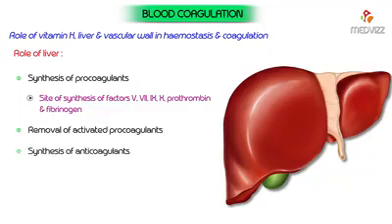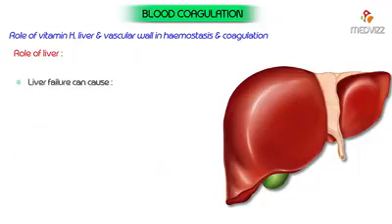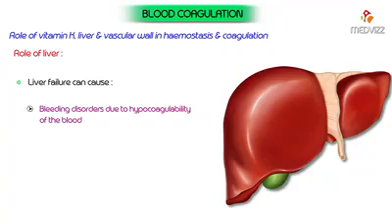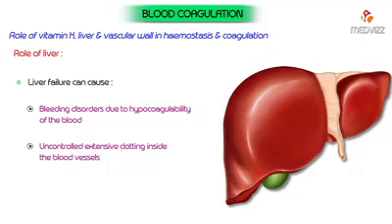Synthesis of anticoagulants: liver also synthesizes anticoagulants like heparin, antithrombin 3, and protein C. Liver failure can cause bleeding disorders due to hypocoagulability of the blood and uncontrolled extensive clotting inside the blood vessels, where clotting is not only unwanted but dangerous as well.